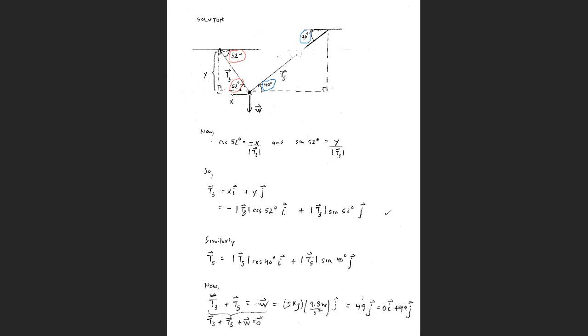Okay, and so this is going to help us find the components for these tensions. Let me do the cosine of 52 degrees. Cosine is defined as adjacent over hypotenuse. So in this right triangle, the adjacent side is going to be negative x.